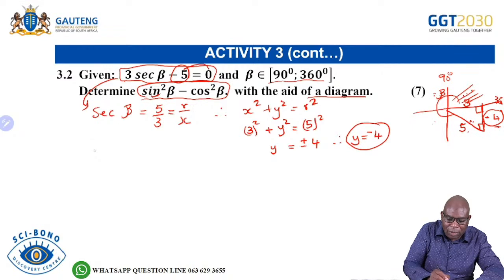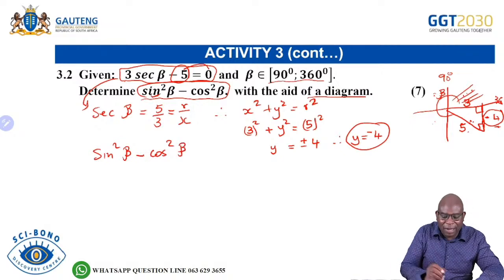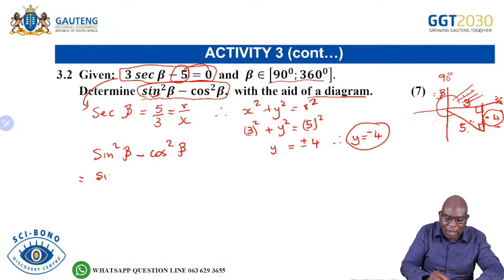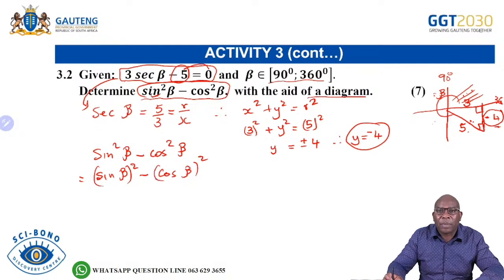So I'll then say, okay, now I've got sine squared of beta minus cos squared of beta. Then I'm going to say, okay, what is my sine of beta? Remember, sine squared beta means the sine of beta all squared minus the cos of beta all squared. Once I put a value, I must not put the ratio. I have seen you guys doing sine, then you write minus 4 over 5.